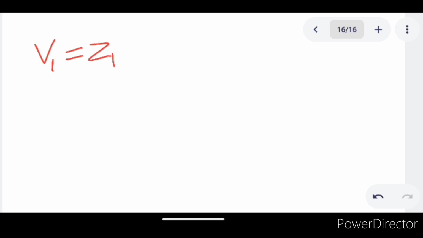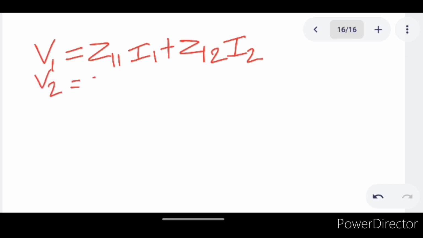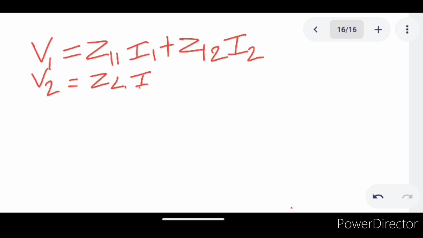V1 is equal to Z11 I1 plus Z12 I2. Now let us take another equation: V2 is equal to Z21 I1 plus Z22 I2. Let us draw the equivalent circuit for that.